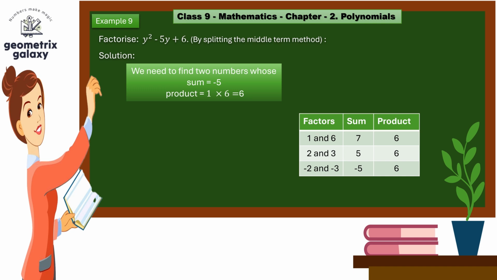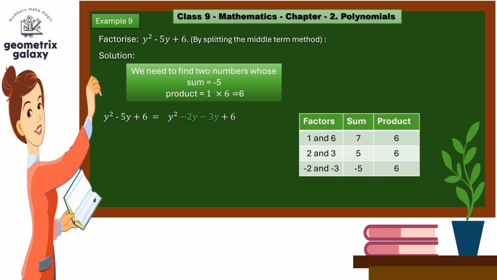Minus 2 and minus 3, if we do the product, it will be plus 6. But if we add, it will be minus 5. We need the sum as minus 5 and the product as positive 6. So the appropriate factors to split the middle term of this quadratic polynomial are minus 2 and minus 3.